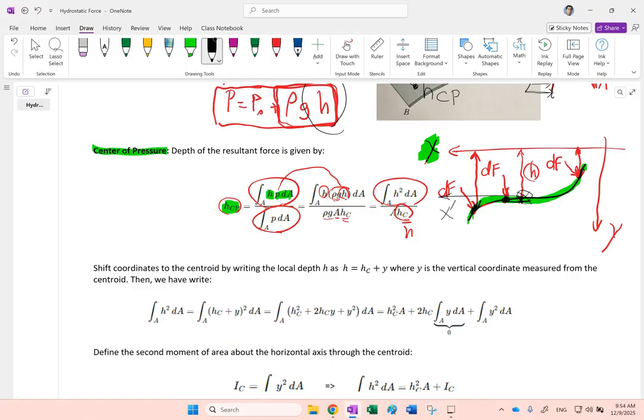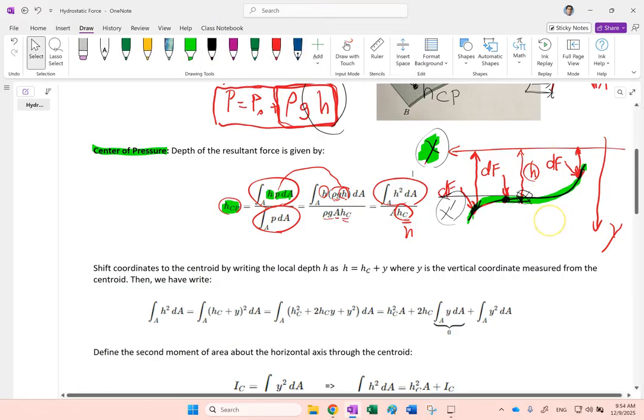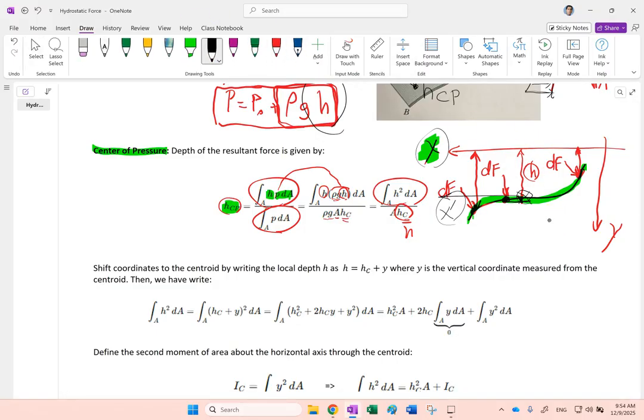Because for any surface, we always have the moment of the surface with respect to the axis passing through the centroid. And to go from x prime to x, we use the parallel axis theorem. So the moment with respect to x is going to be the moment with respect to x prime, plus, of course, the area of the surface times the distance between them squared.